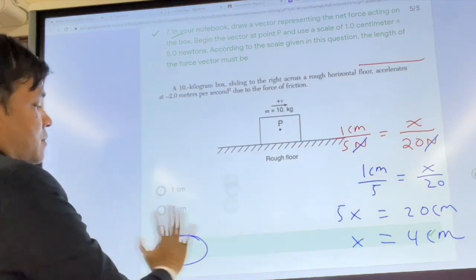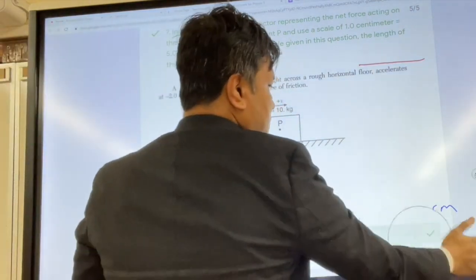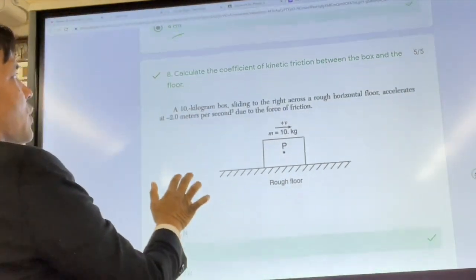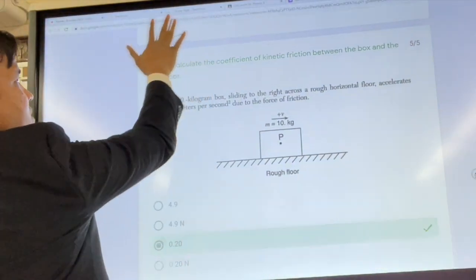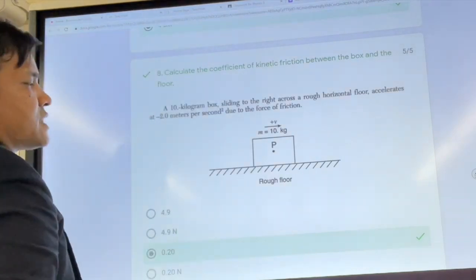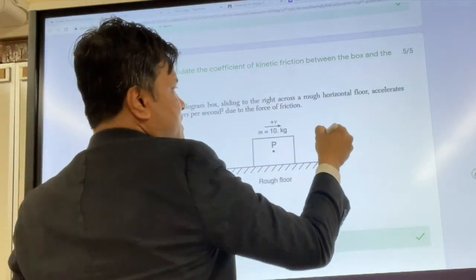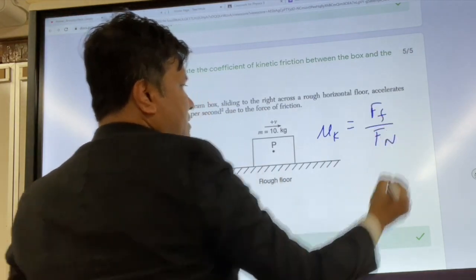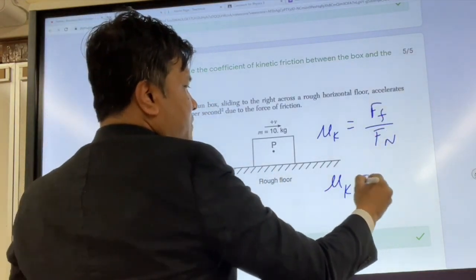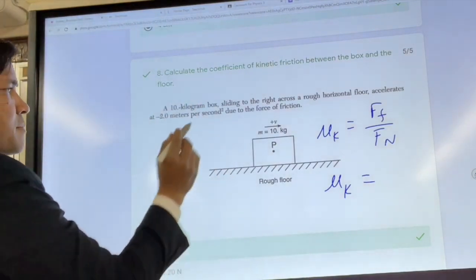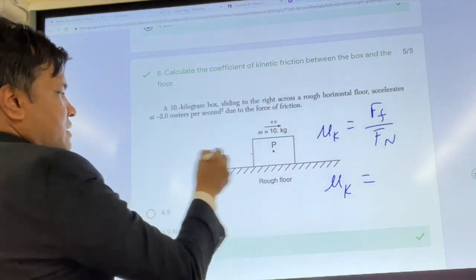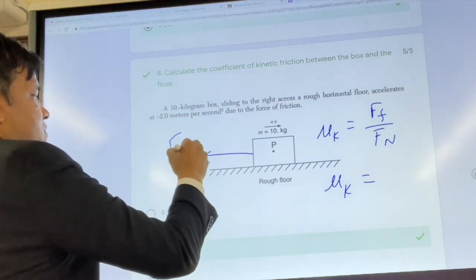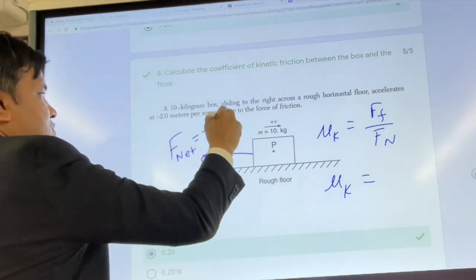That takes us to problem number 8. What do we have to do? Find the coefficient of kinetic friction. The coefficient of kinetic friction, mu k, is Fk over Fn. We know Fk from the previous problem, because the net force we saw is -20.